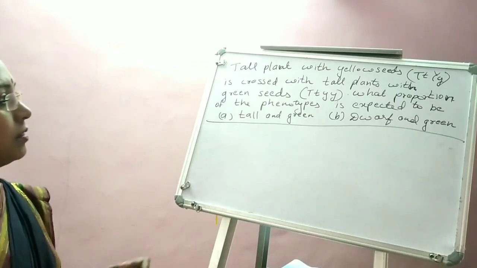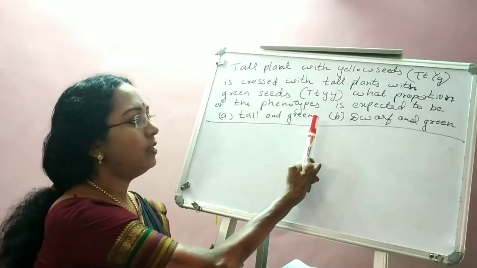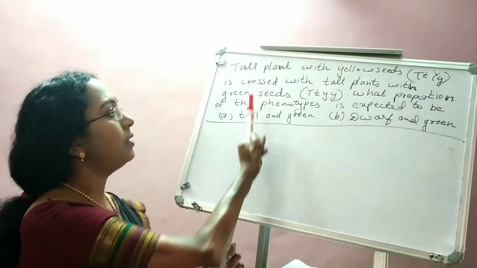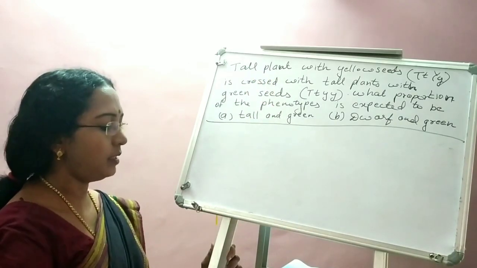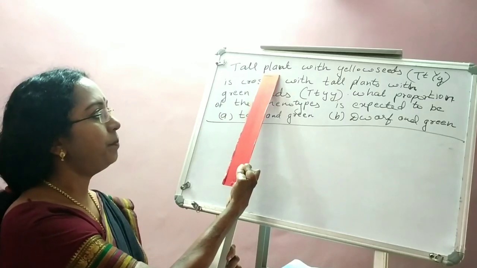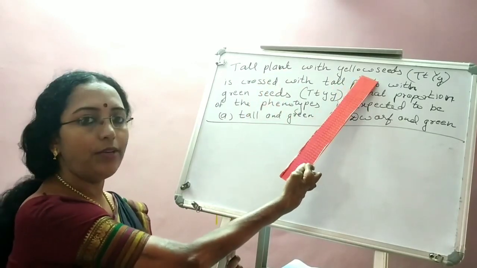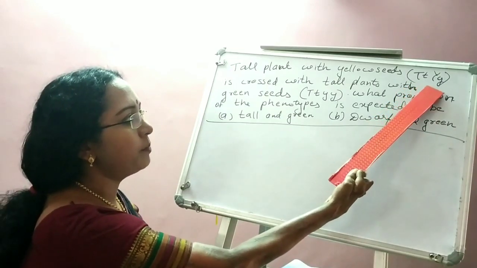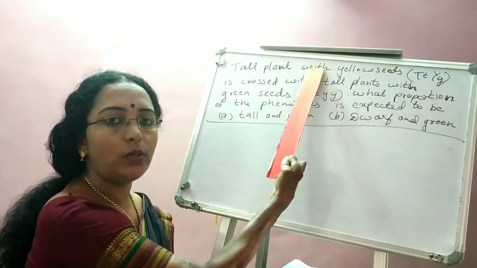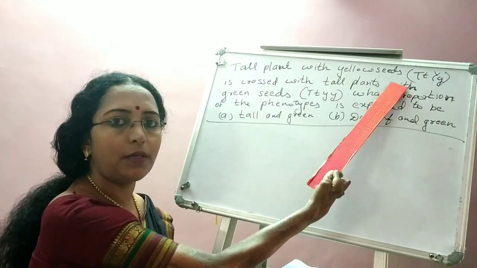Here, this is a type of cross. This is there in the textbook as well. You can see here, tall plant with yellow seed. So what is the phenotype? Plant is tall, having yellow seed. And what is the genotype? Capital T, small t, capital Y, small y. So phenotype and genotype are given in the question paper.